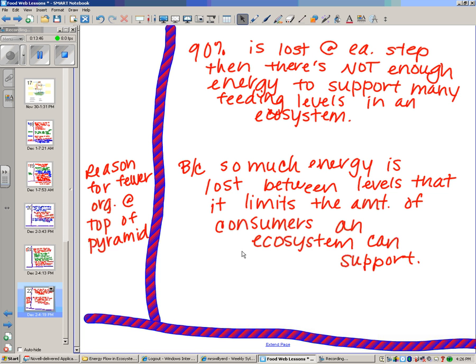I would also label it with the top and the bottom of the pyramids, with the bottom having the most energy and the top having the least amount of energy. So make sure that you are drawing that you understand the bottom has the most energy and that the very top is smaller, so it has the least amount of energy. So we're going to stop here. You can summarize, draw your energy pyramid, and I'll see you tomorrow.